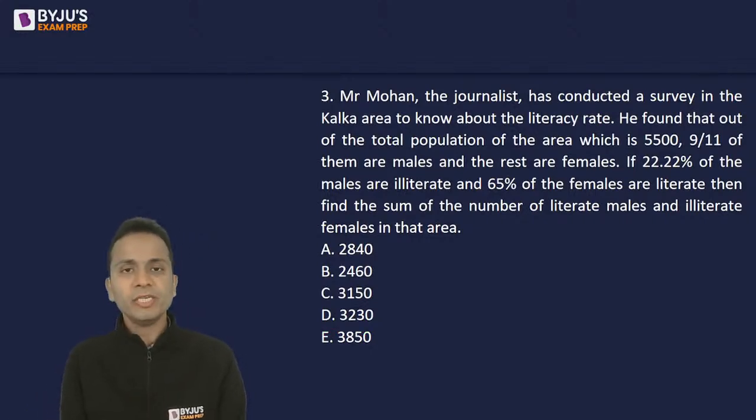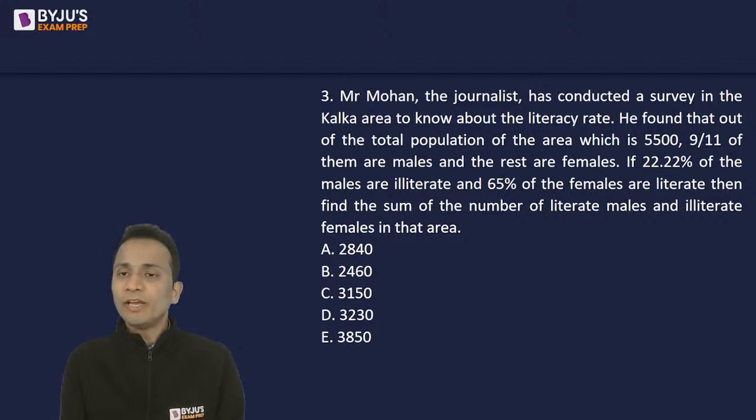Okay, question number 3 on your screen. Mr. Mohan, the journalist, has conducted a survey in the Kalka area to know about the literacy rate. He found that out of the total population of the area, which is 5,500, 9 by 11 of them are males and the rest are females.